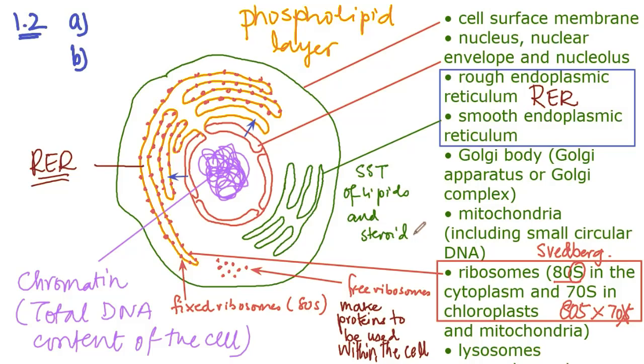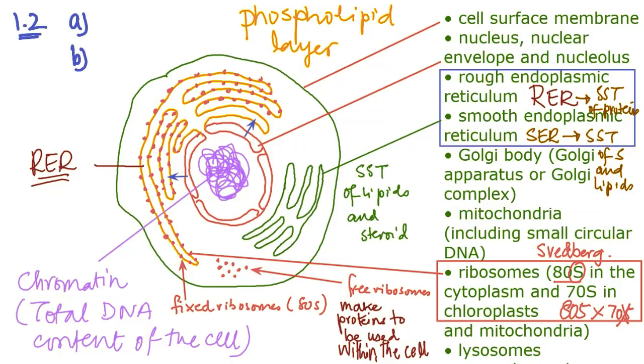So generally, the smooth endoplasmic reticula, abbreviated as SER, are involved in the SST of steroids and lipids. While RER are involved in the SST. SST stands for synthesis, storage, and transport of proteins.